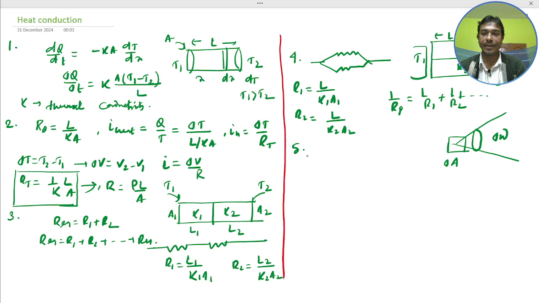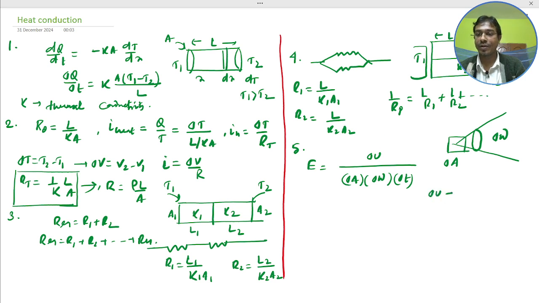So emissive power E would become del U divided by del A in unit solid angle del omega at unit time del T. So del A is area, del T is time, del omega is solid angle, and del U is the energy radiated.